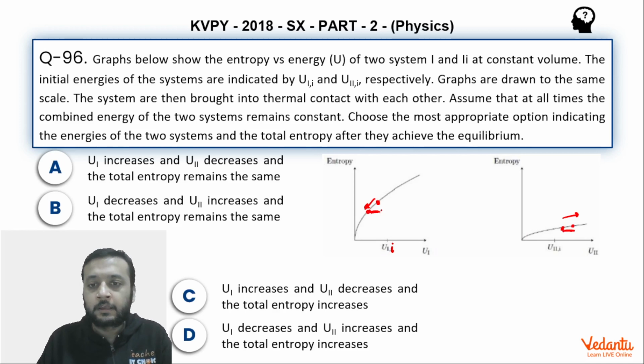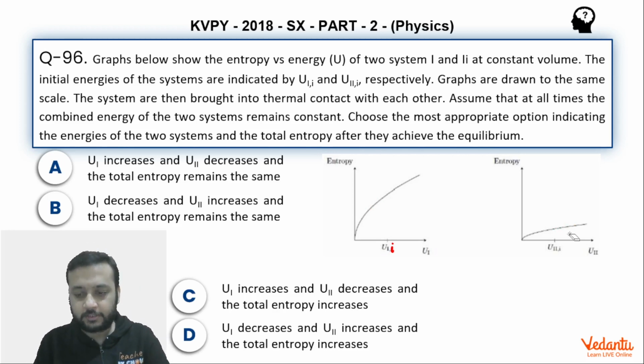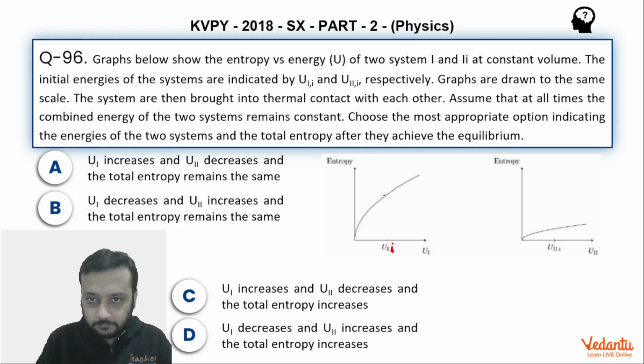You can see that for the same change in energy, the magnitude of the entropy decrease here is more, and the magnitude of the entropy increase here is less. To understand this properly, let's mark these points. Let's call this point 5,7 and let's call this other point 4,2, it will not make any difference.